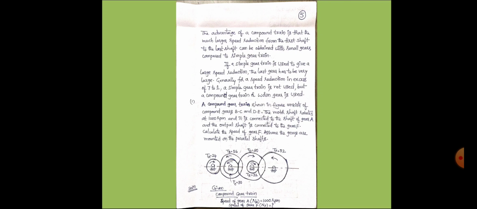These two are mounted on the same shaft. See, gear B and gear C is said to be one compound gear which is mounted on one shaft. Gear D and gear E both are mounted on the same shaft. Therefore, this is one more compound gear. So there are two compound gears in between the first driver, that is gear A, and the last driven, that is gear F. Now the motor shaft rotates at 1000 rpm and it is connected to the shaft of gear A.